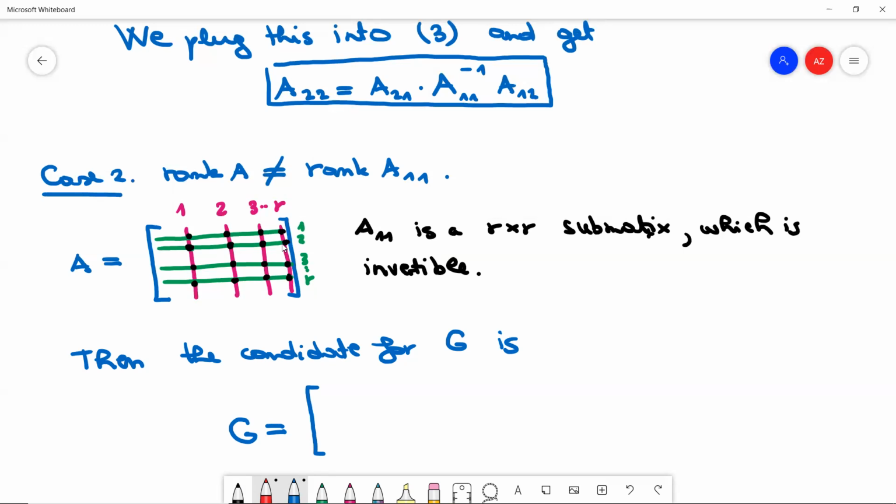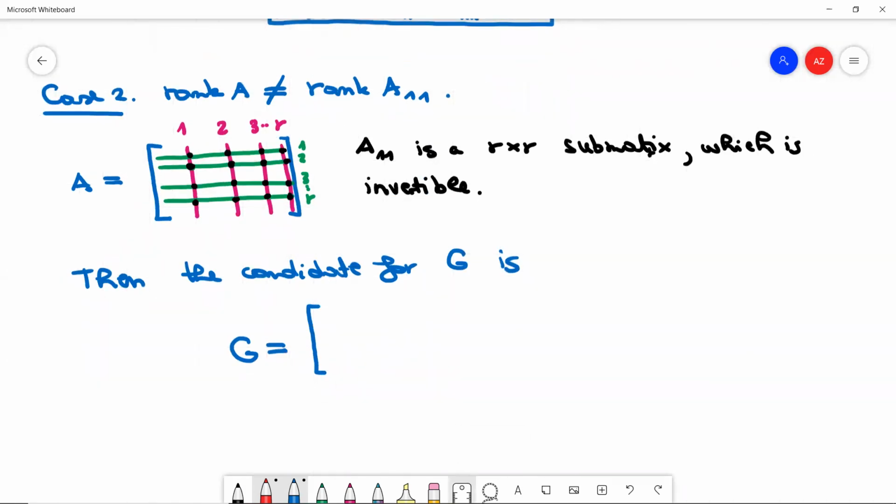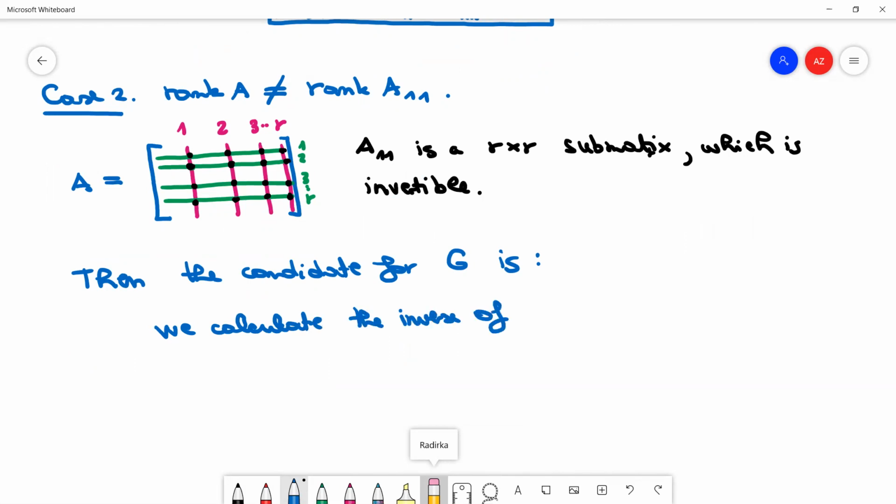So let's write in Word. So we calculate the inverse of A11, and then plug A11 minus 1. And here is a little bit technical thing.